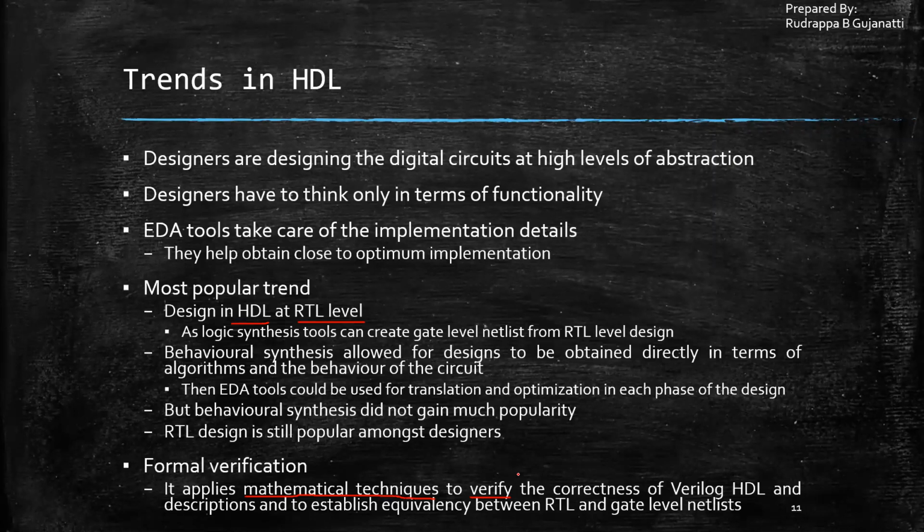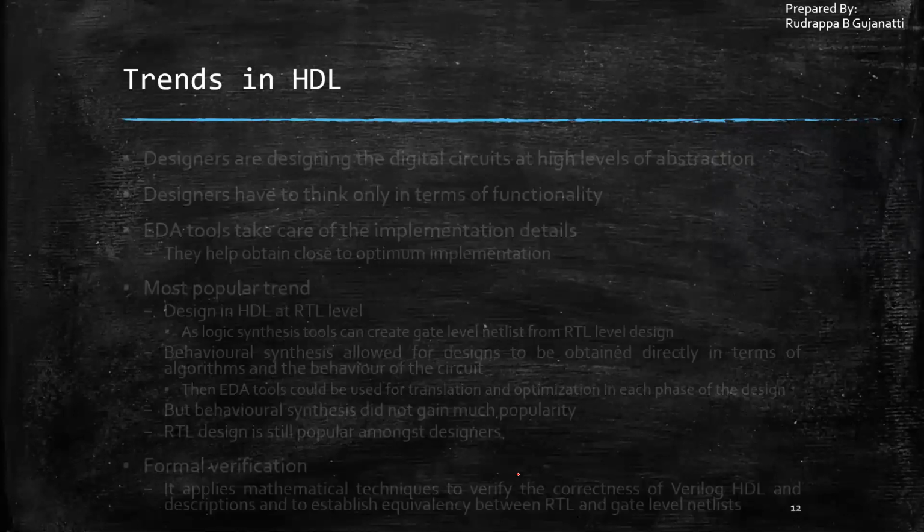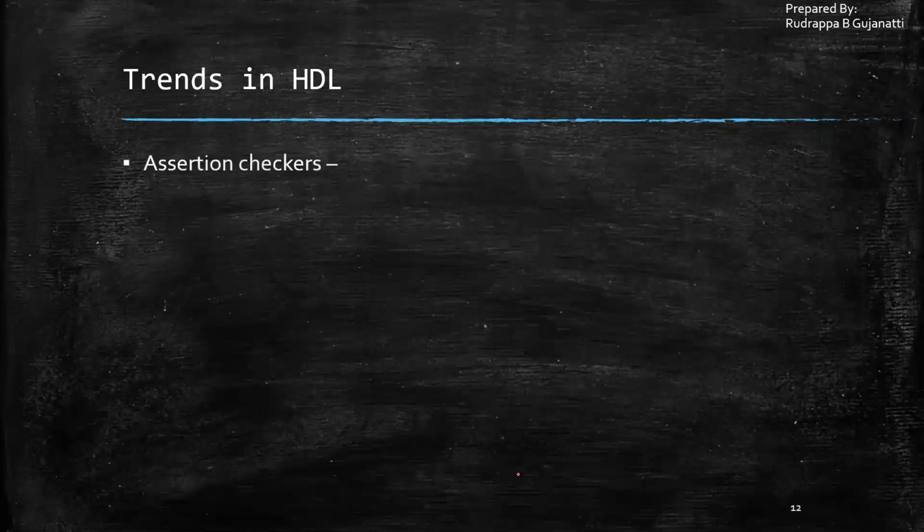Or else, if you are in the physical layout and doing some verification there, and something has to be changed in the place and route tool, you can go and change that and try to obtain these formal verifications. So these are a few things.